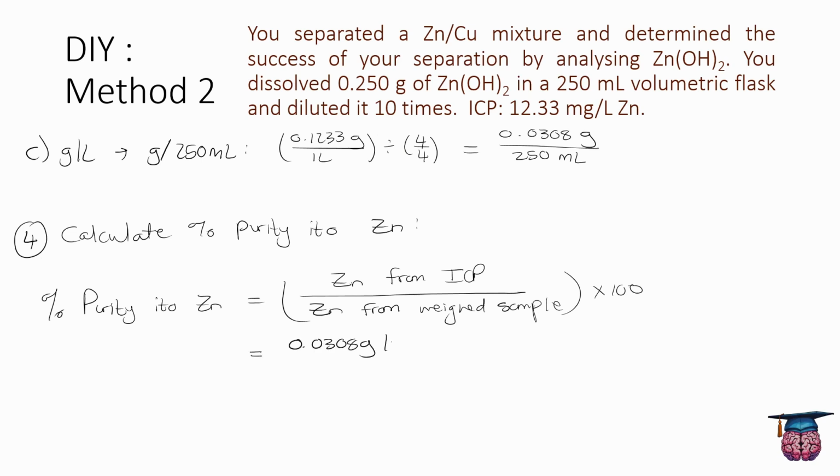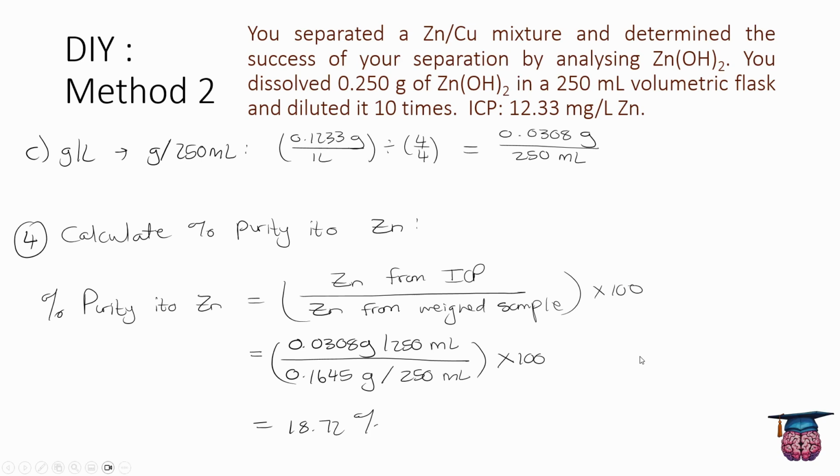In this case, the zinc from our ICP is the value that we calculated from step 3, and this is then divided by our mass of zinc in our weighed sample that we calculated in step 2, multiplied by 100, and this gives us 18.72% purity in terms of zinc. So we can see that this separation was not very successful.